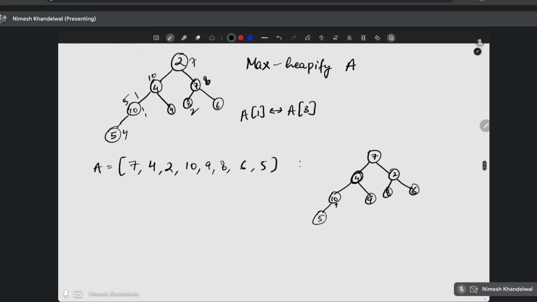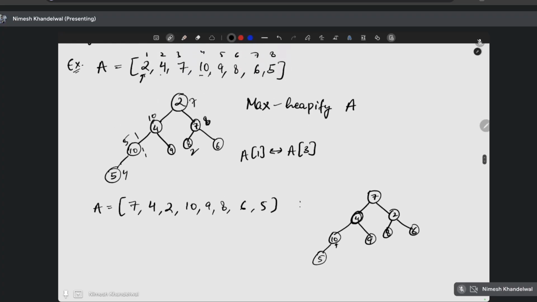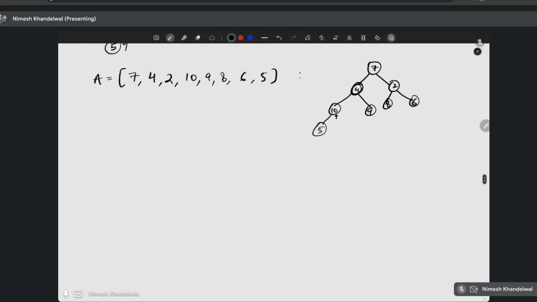And then let's first write the pseudocode for max heapify, right?